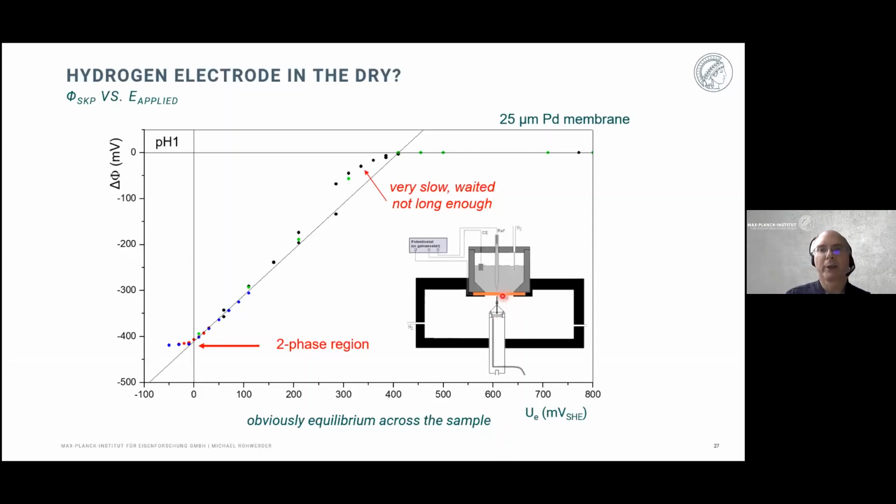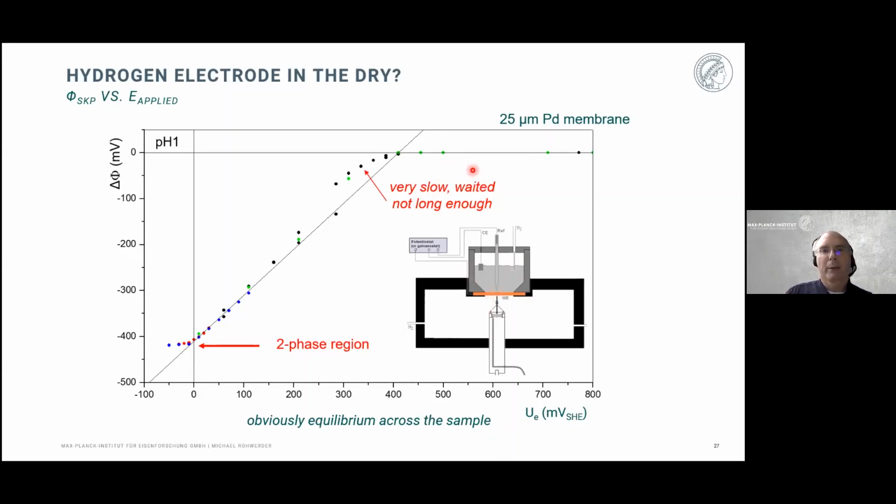What you see here is a palladium membrane, here's an electrochemical cell, and here's a volume where we have a Kelvin probe in dry nitrogen atmosphere. It's important that you have no oxygen because oxygen would react with hydrogen, of course. And then we applied different potentials at the entry side in an ideally polarizable range for the palladium electrode.